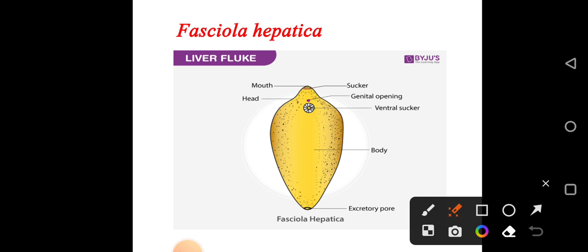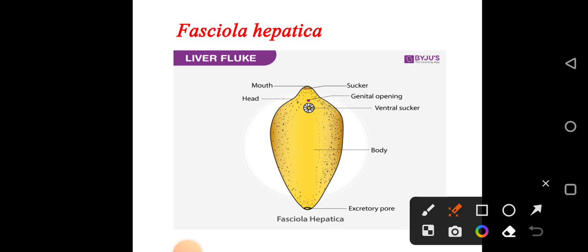From the middle region, the body tapers at both anterior and posterior ends. The anterior end is a bit rounded, whereas the posterior end is pointed. It is a soft, oval, dorso-ventrally flattened, leaf-like animal. So this is the shape and size of Fasciola hepatica.